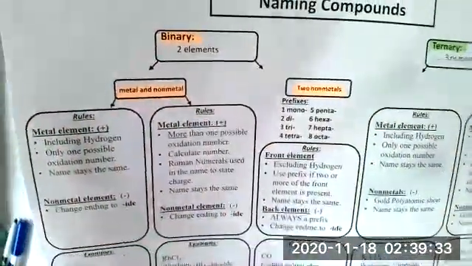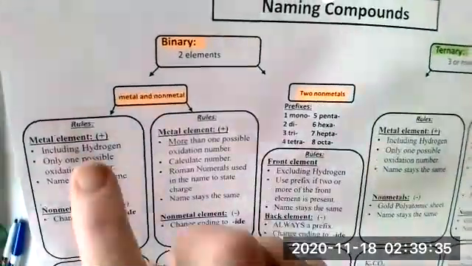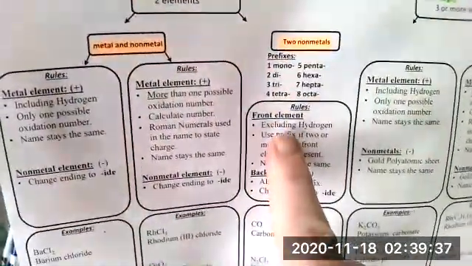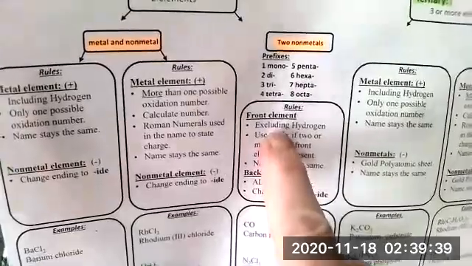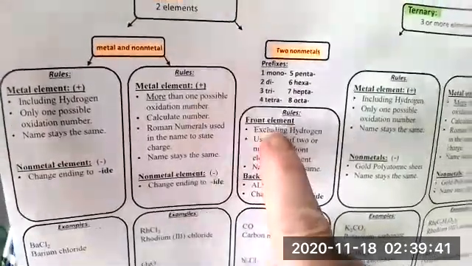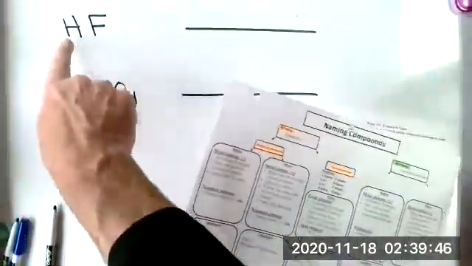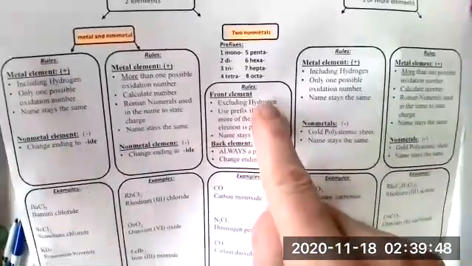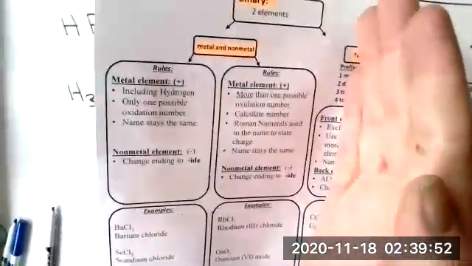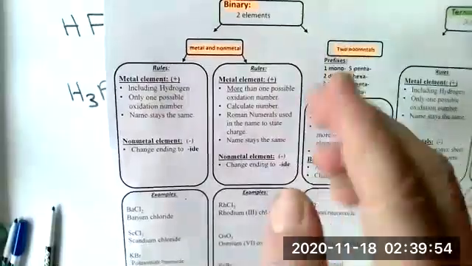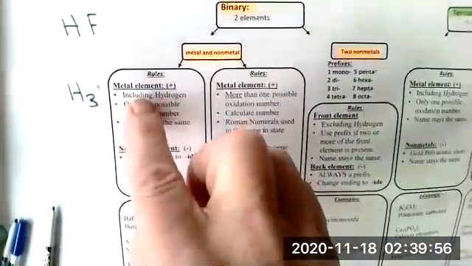Here's where hydrogen causes some problems. If you take a look at the nonmetal, no. So we exclude hydrogen from this list. Hey, he's in front. Exclude him. So that means you are not here, which means you're over here somewhere, which means you're right here.